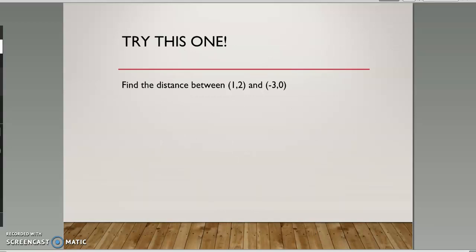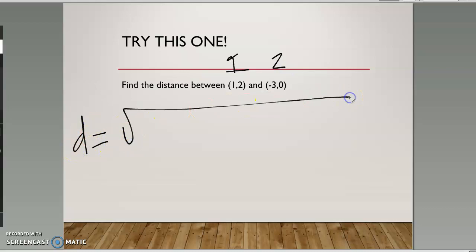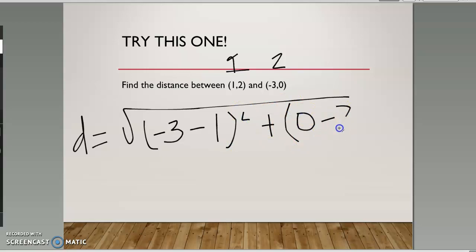Let's try another one. Again, this is our first point and this is our second point. So we have the square root of our second x, which is negative 3, minus 1 squared plus 0 minus 2 squared.